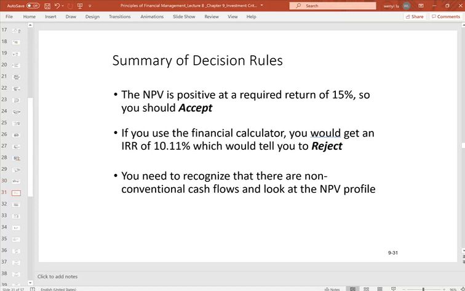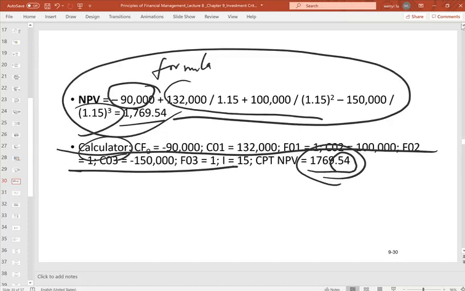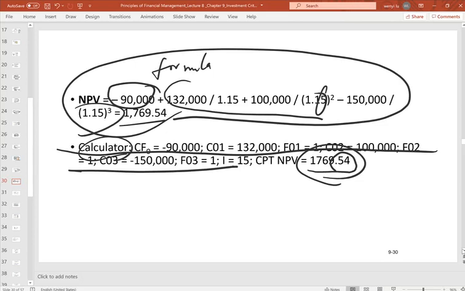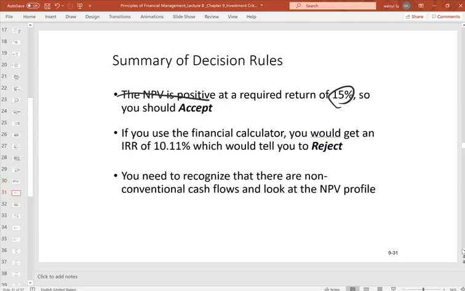So NPV is positive, based on the required rate of return of 15% for this question. So we will accept this project because NPV is positive.